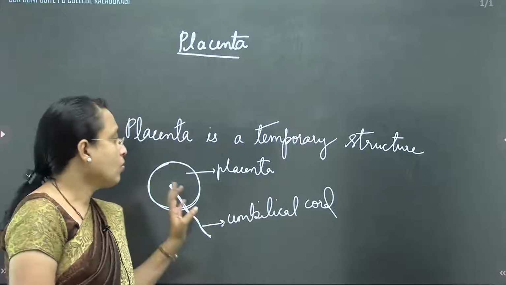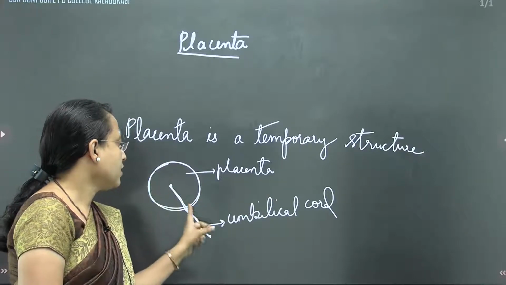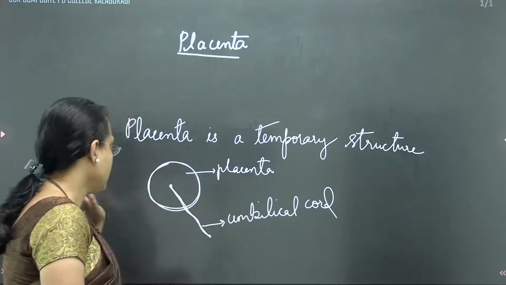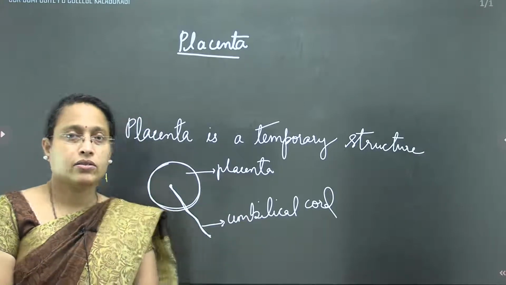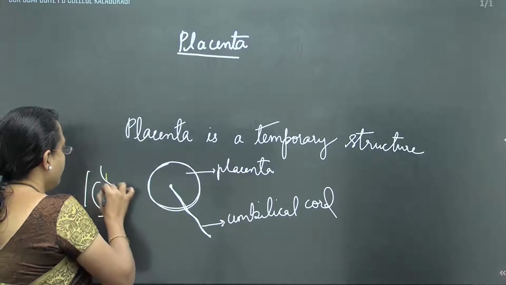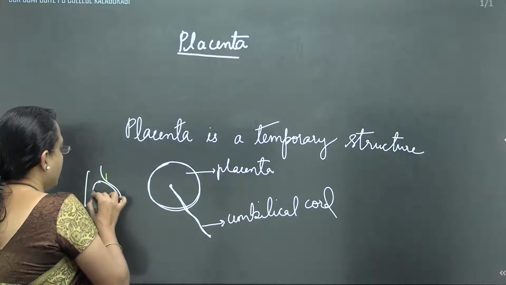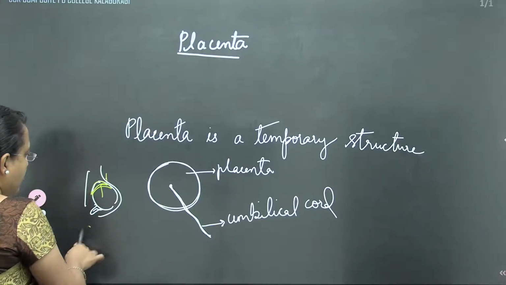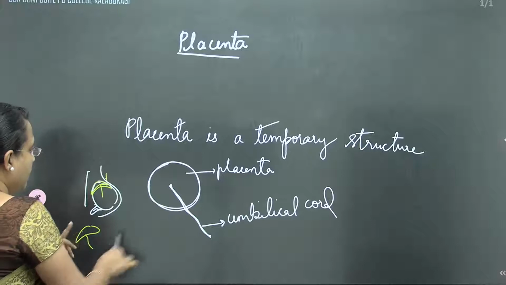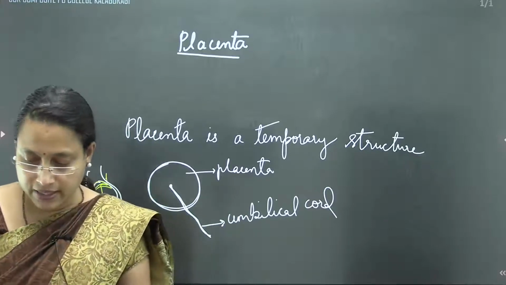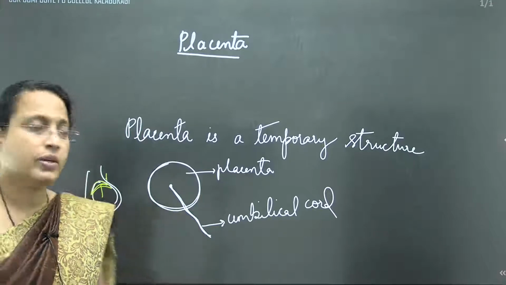So overall it is disc shaped and also has the umbilical cord. When this disc shaped area is expelled outside, this is how the placenta structure will look.